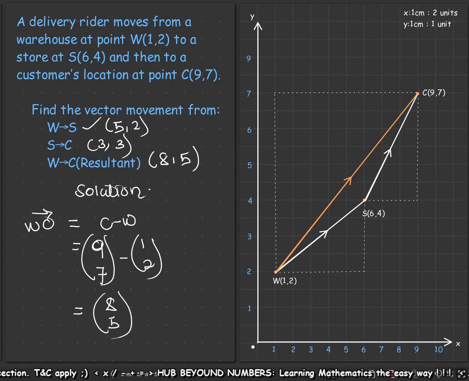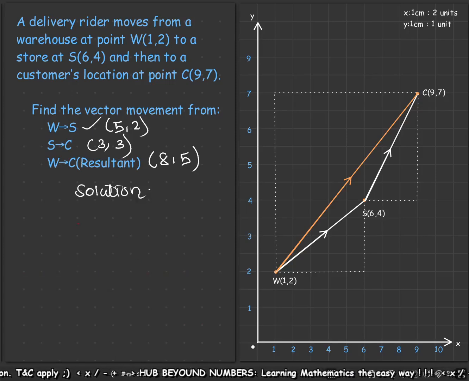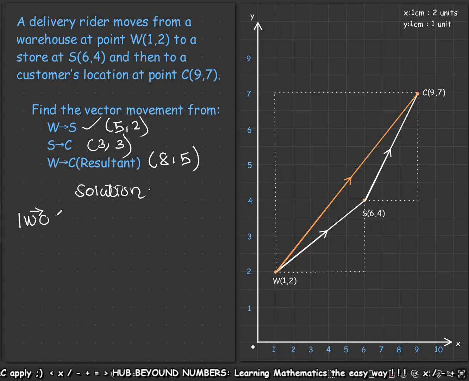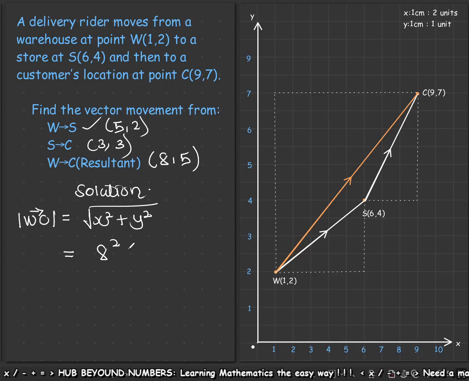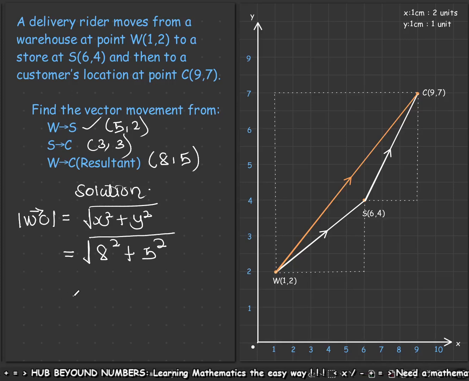In view of that, if you were to find the magnitude of WC, that is, the magnitude of this vector over here, then it's going to be the square root of the sum of its components squared. Its x component was 8, so we have 8 squared plus y squared, which is 5 squared.